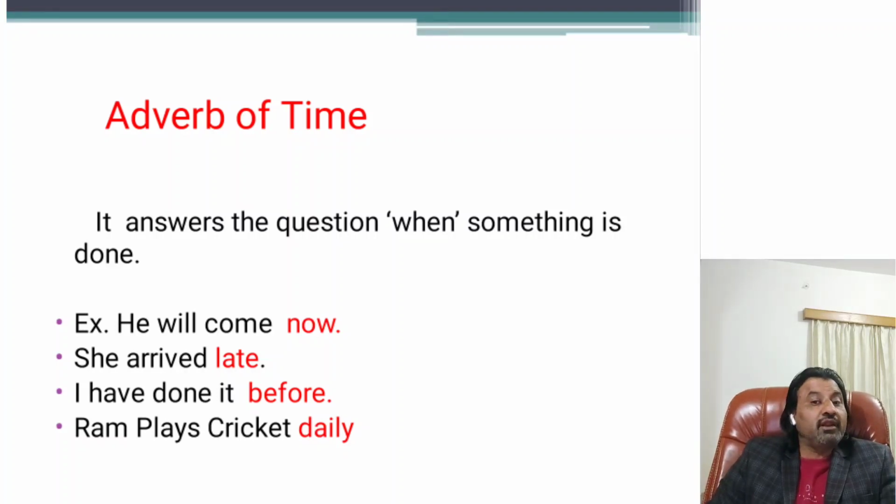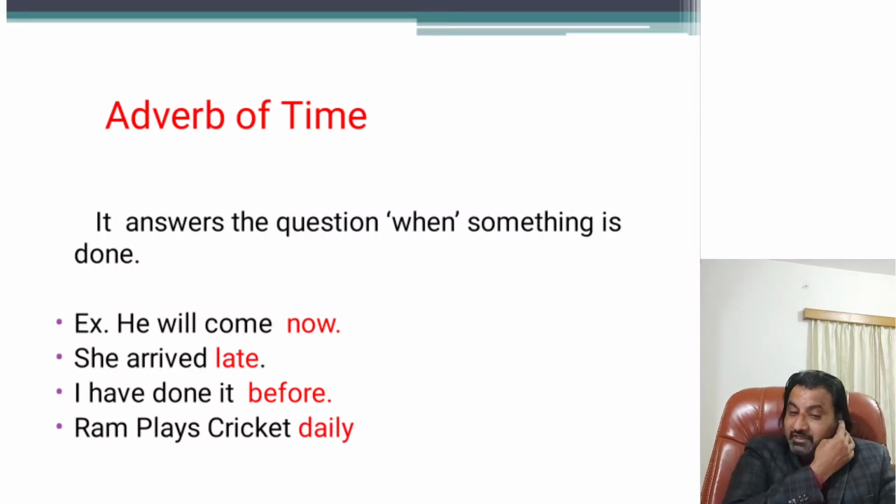He will come now. So now tells us about the time of this action, when he is going to come here. She arrived late. When did she arrive? She arrived late. So the word late is an adverb.